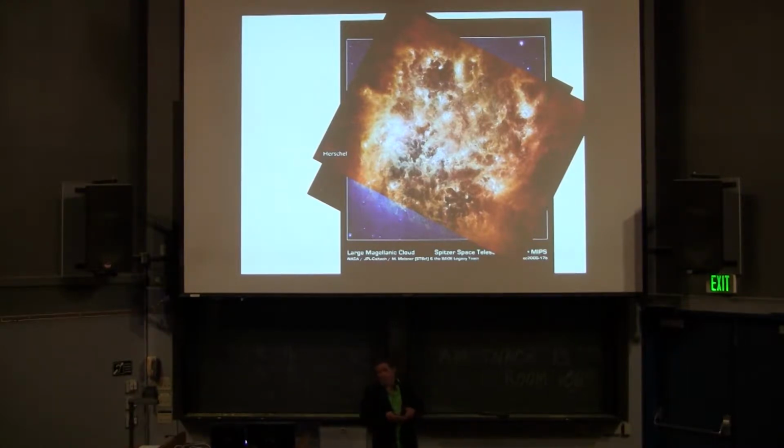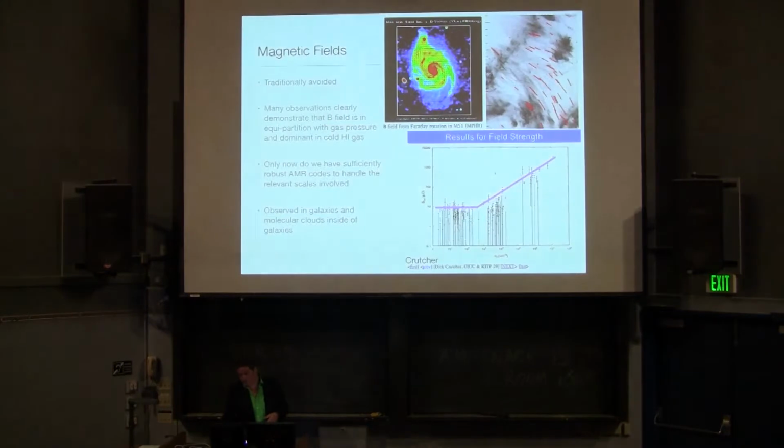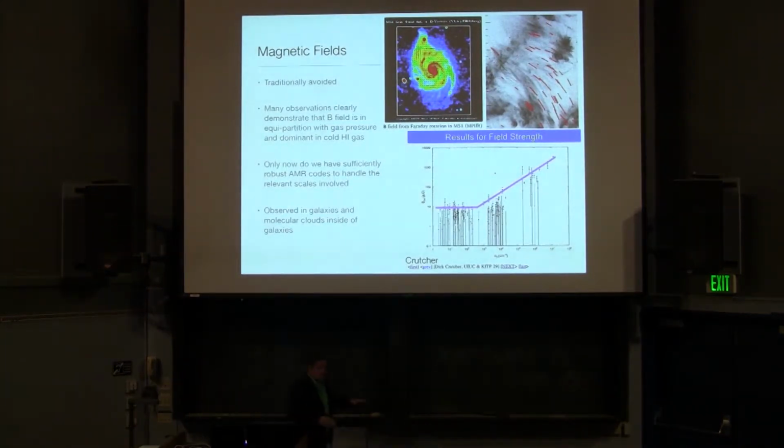And so what I want to walk you through is, there's of course lots of observational evidence. I'm sure you already heard a lot about it. We can measure magnetic field distribution, rough values of the magnetic field strength in galaxies, but also molecular clouds.